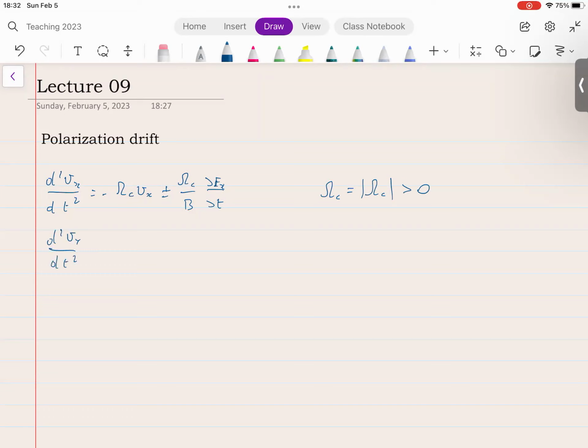Second derivative of vy with respect to time is equal to minus omega c squared vy minus omega c squared Ex over B, where Ex is a function of time and only of time, even though I've marked this derivative as a partial derivative, just because in the general case, there may be other dependencies in Ex that we will need to include in our derivation.